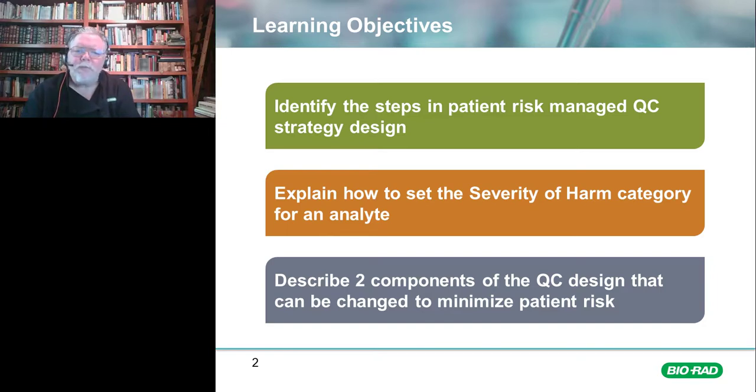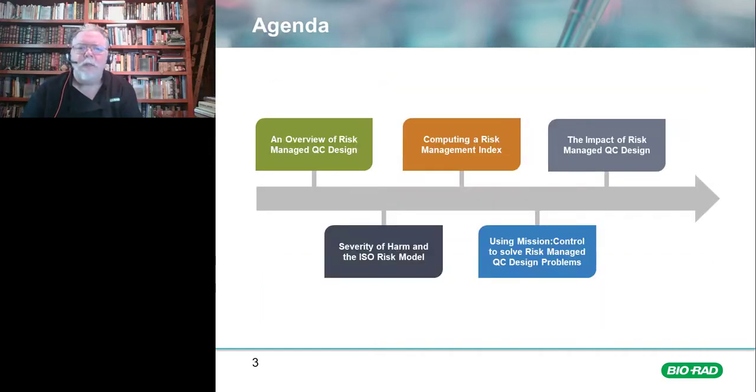And so specifically, I want you to come away with a couple components of what I can do to minimize patient risk in a QC strategy. So those are the three key takeaways that I'm hoping everybody is going to leave this with.